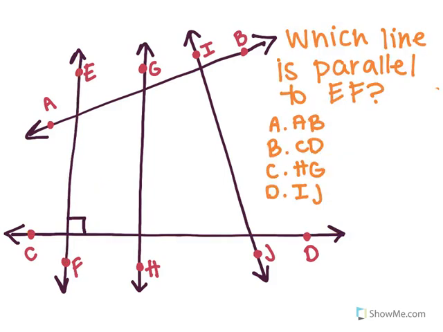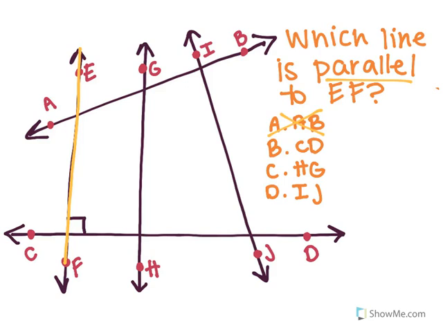Okay, this next question is asking which ones are parallel to EF. I know parallel is never going to touch. So if I look, I have EF right here. I'm going to first look at AB. Were those parallel? No, they touched right there, so automatically that cancels that one out.